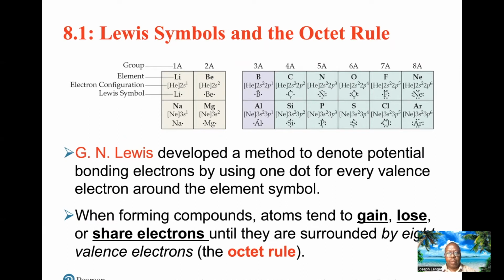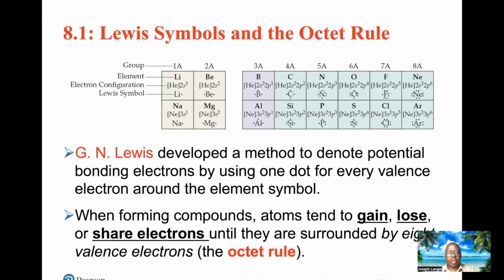He devised a method of showing those valence electrons by using the chemical symbol and a dot representing each valence electron.